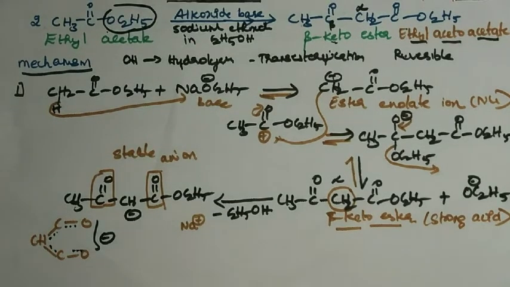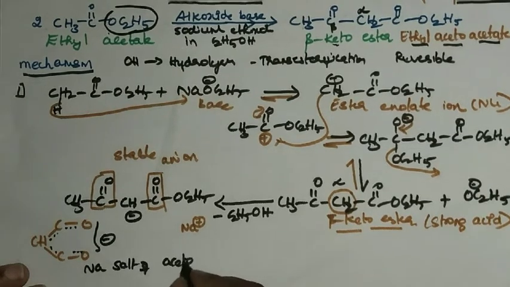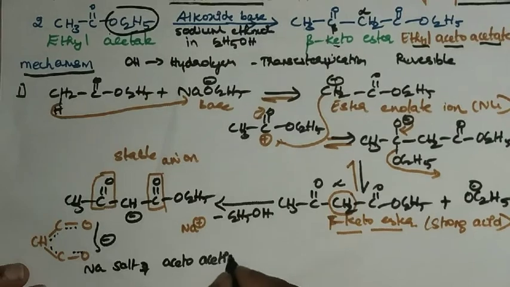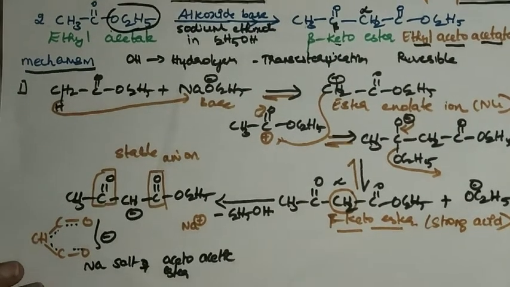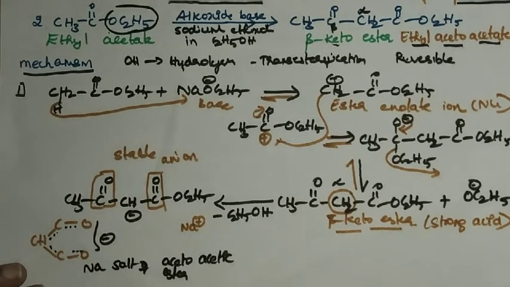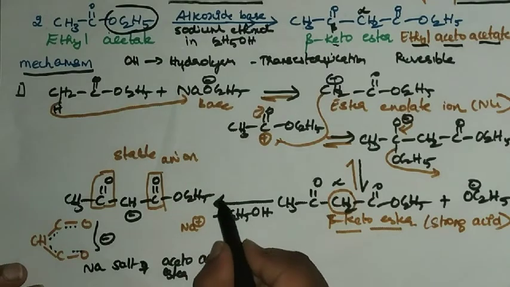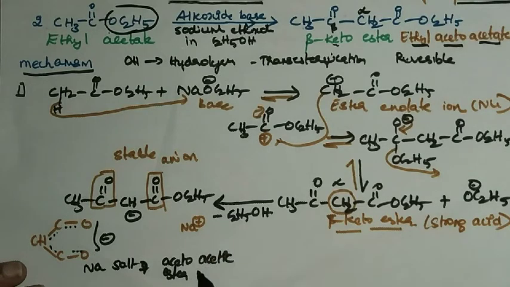So this is the sodium salt of acetic ester. Formation of the sodium salt of acetic acid ester is key for the success of this reaction, because this step is a forward reaction. It favors only the forward reaction so that we can achieve a good yield of product.